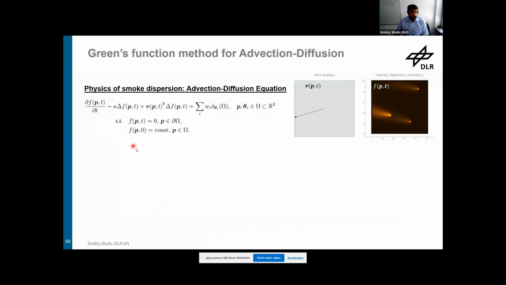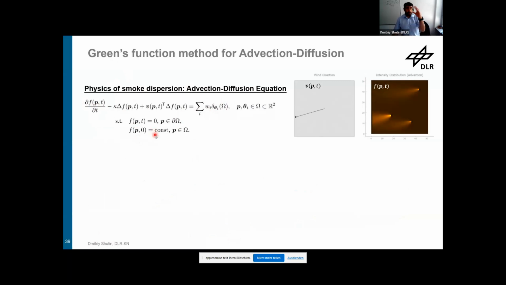All right, so let us go back to our partial differential equation, where p indicates the position somewhere in space and t stands for time. So that's the same equation that I had before. Its right-hand side is a sum of Diracs, subject to some boundary conditions and initial conditions.